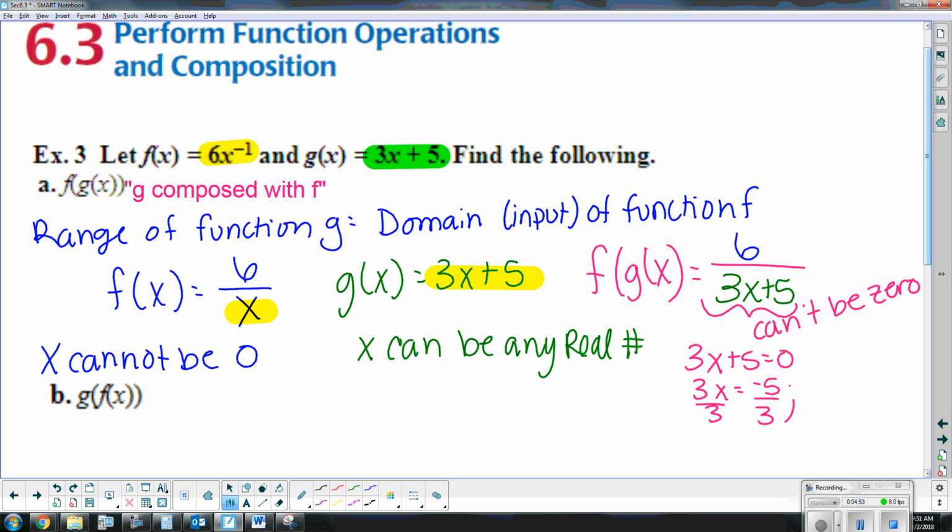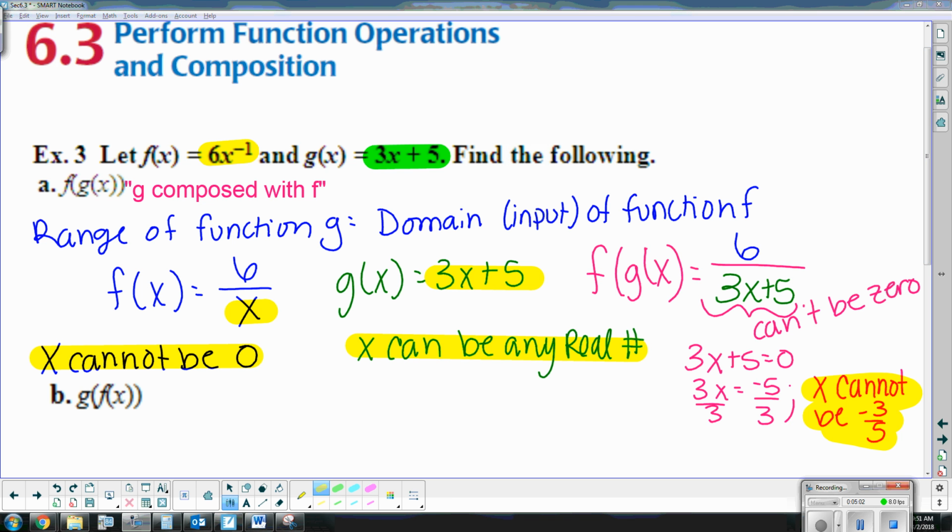So therefore, x cannot be negative 3/5. So we have defined our range for function f of x, we've defined our domain for function f of x, we've defined our domain for function g of x, and therefore we can define our domain for function f of g of x, or the function g composed with f.